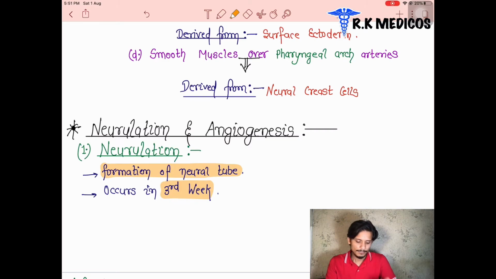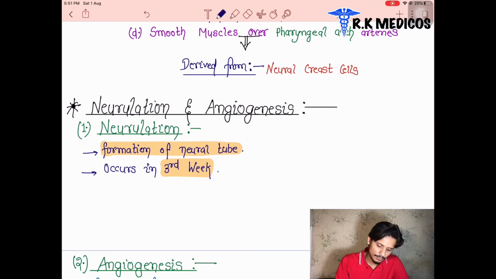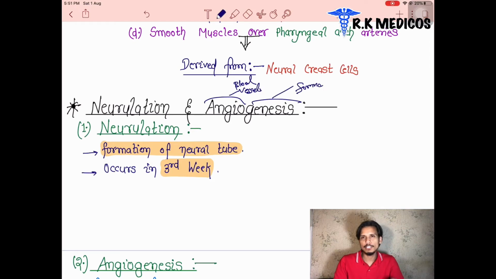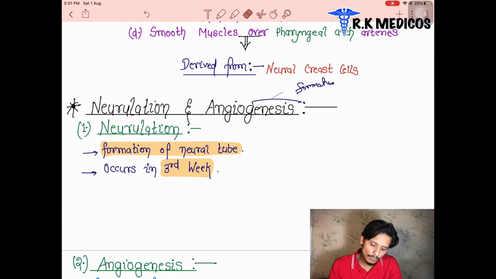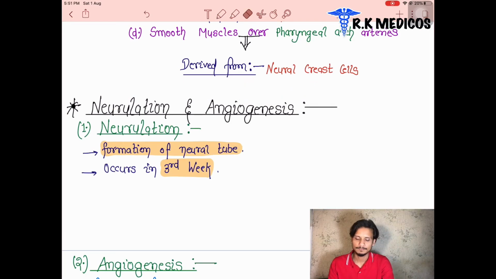So you can see next, angiogenesis. Angio means blood vessels, and genesis means formation. So now you know angiogenesis means formation of blood vessels, and we are going to see how the blood vessels are formed. The blood vessels are also formed in the third week of the development phase.